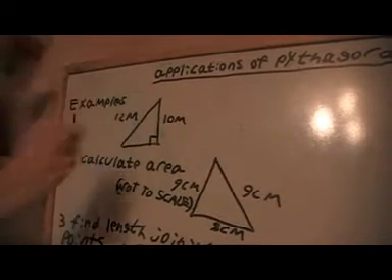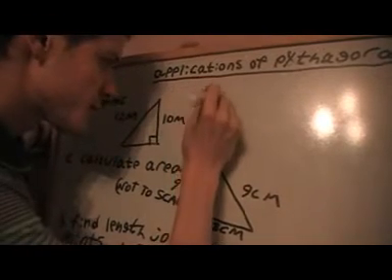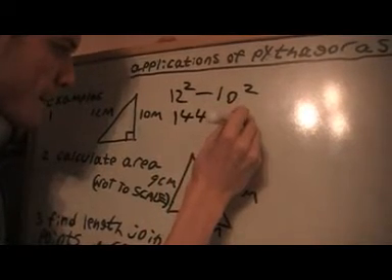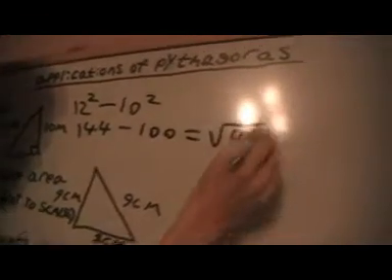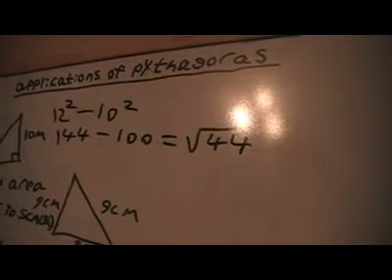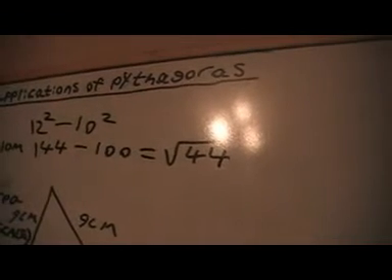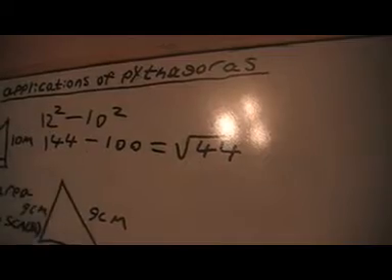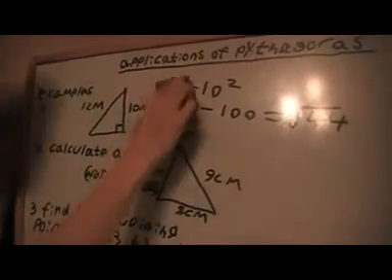So what we need to do, because we'll find the smaller side, is the biggest length squared minus the smaller one. So we'll get the square root of 44, which we can figure out on our calculator to however many decimal places we want, or if the question wants you to leave it in surd form, you can simplify this as a surd. So that's all we really have to do for that one.